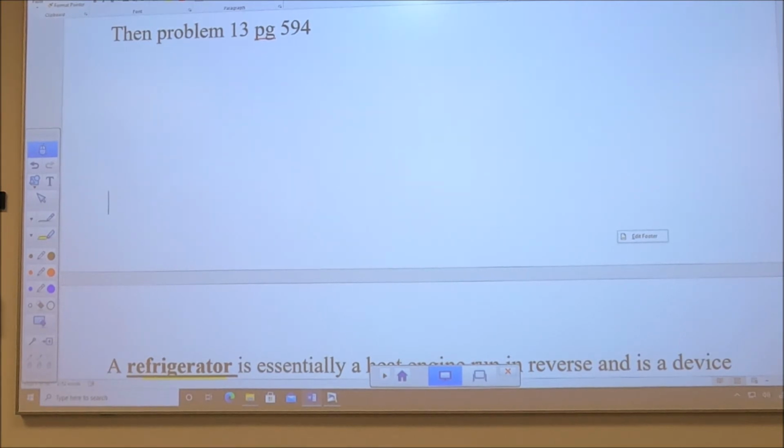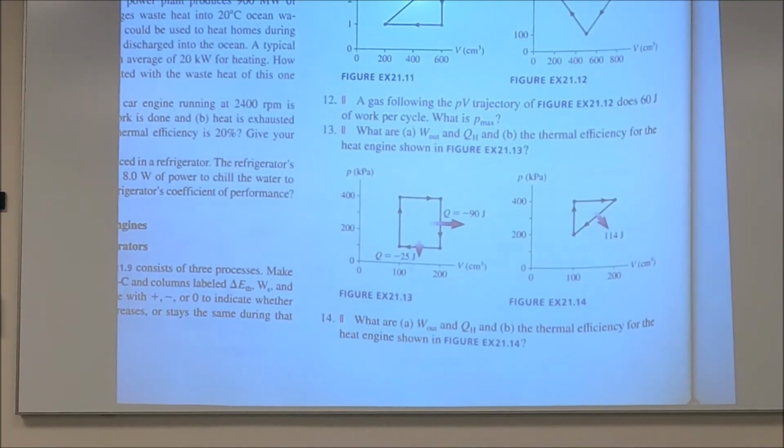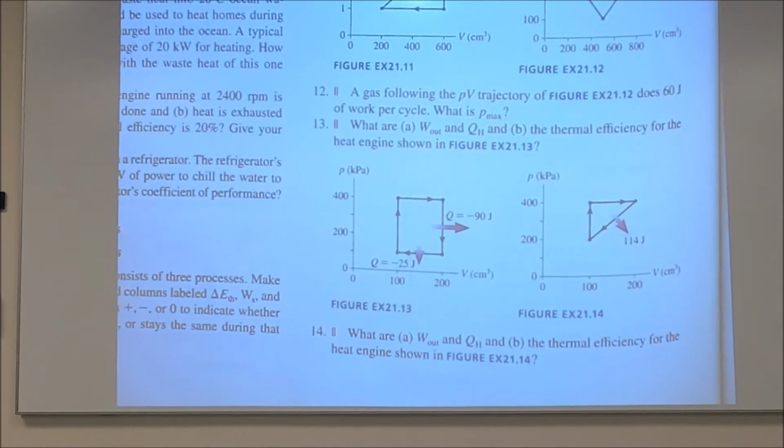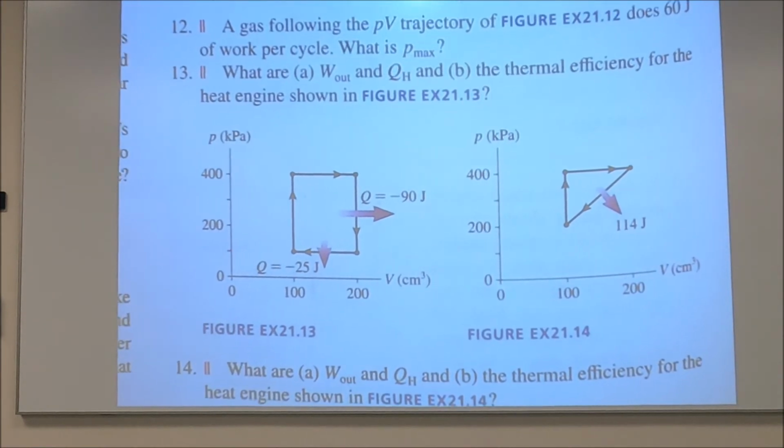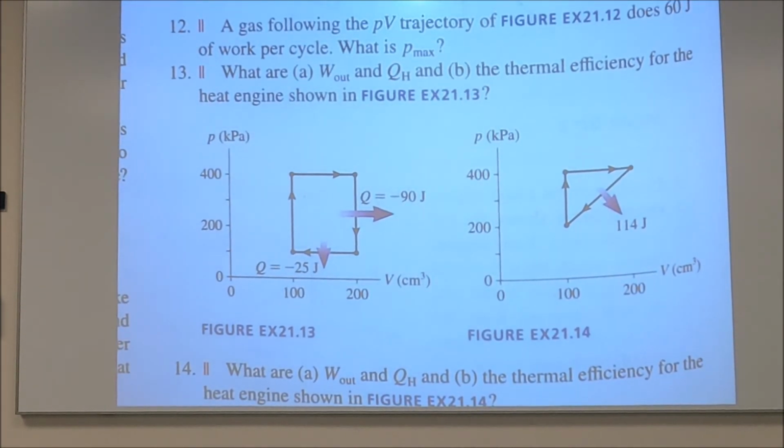Okay, guys, I think that's as big as I can make it. So look at problem 13. It says, what are Q out, QH, and the thermal efficiency of the heat engine shown in diagram 21.13.